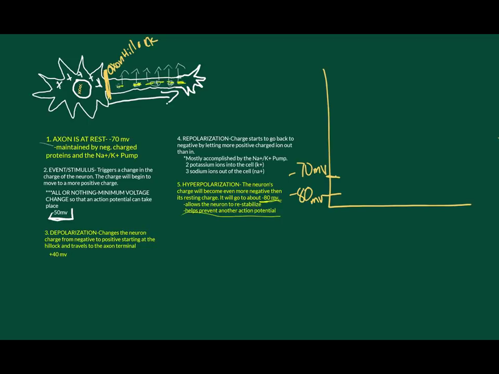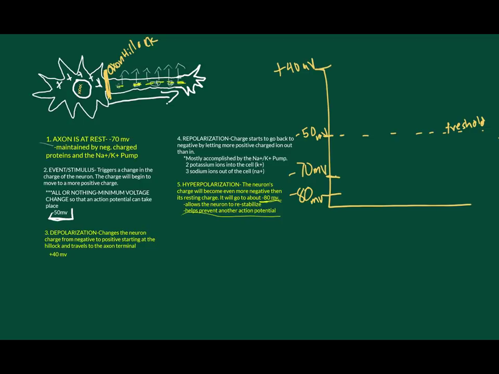So we have our -80, -70, then we have our -50, which is our threshold. So this is our minimum. I'm going to put this over here. This is the threshold for the all or nothing. And then our highest will be positive 40 millivolts.